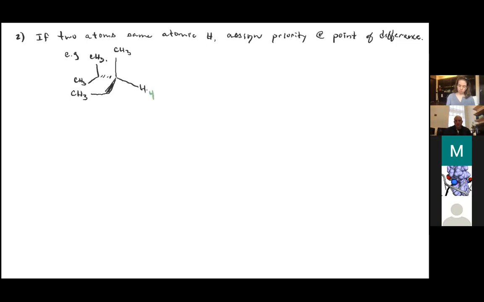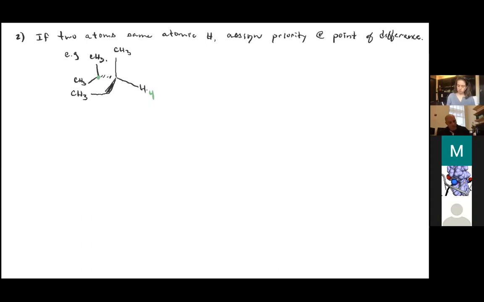And then we need to differentiate the carbons. Because they're all the same, because they're all carbon, we have to look further. And what we can see is that the substituent in the back, that carbon, which I highlight in green here, is attached to 2 other carbons.